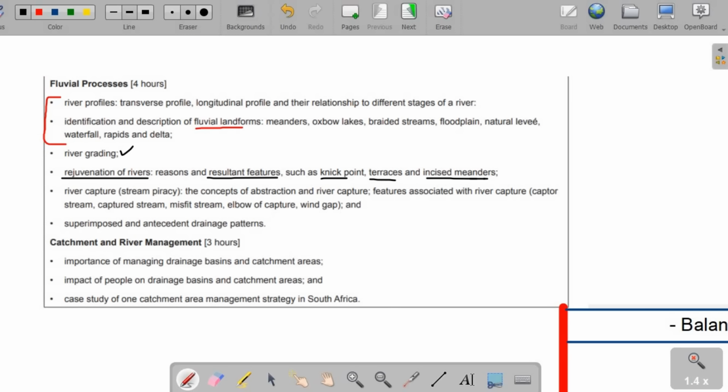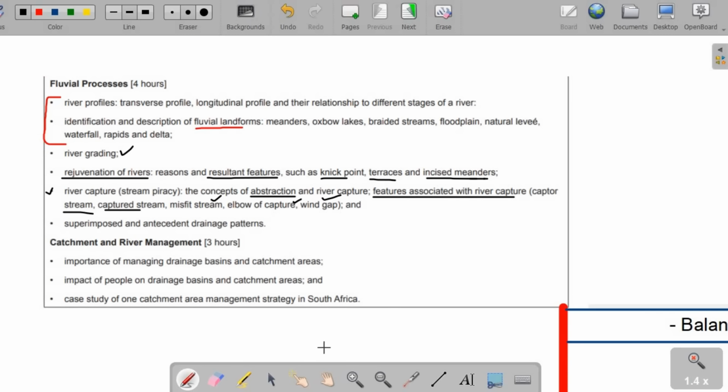We'll also take a look at river capture, which is your stream piracy, breaking down the concept of obstruction, as well as the features associated with river capture, such as your captured stream, misfit stream, elbow of capture, and wind gap. And lastly, we'll take a look at superimposed and antecedent drainage patterns.